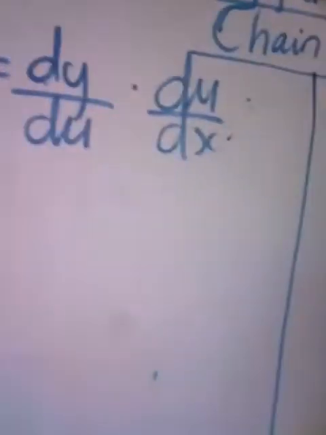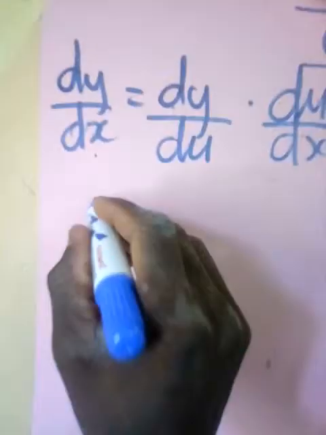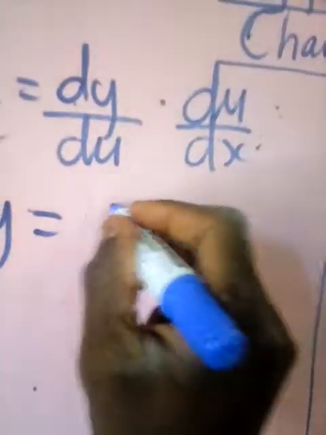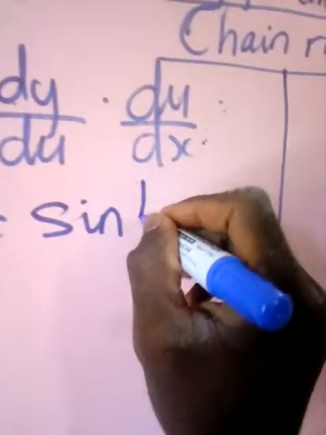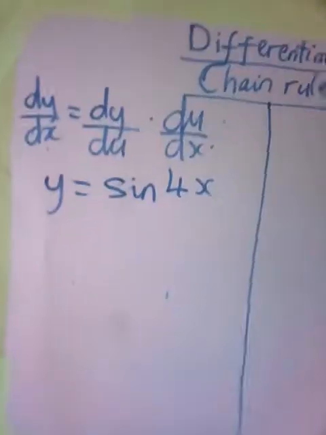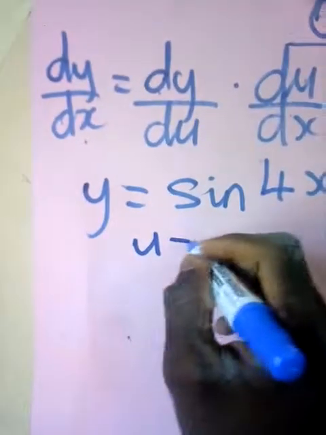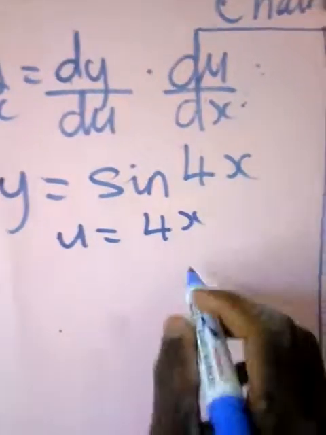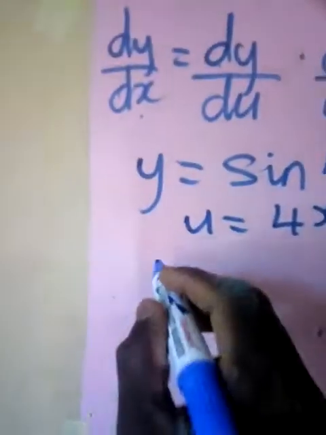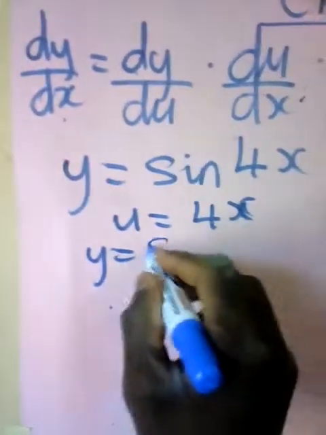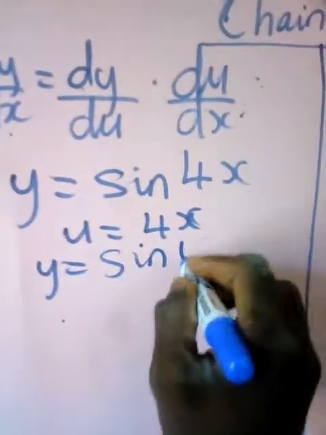So let me use this. Let's say I ask you to find the derivative of sine 4x. Basically my u is going to be equal to 4x, therefore y is equal to sine u.